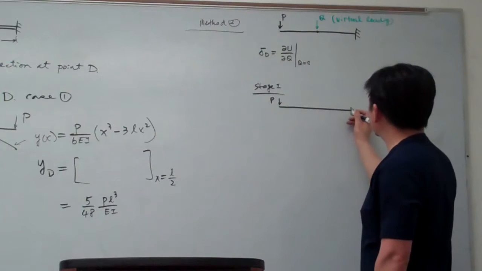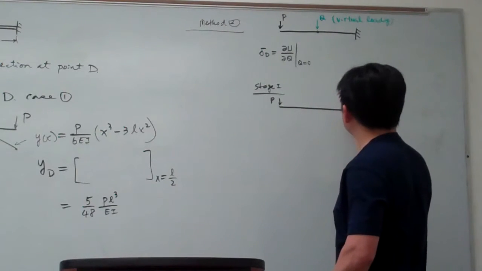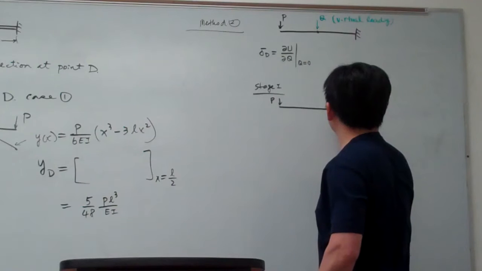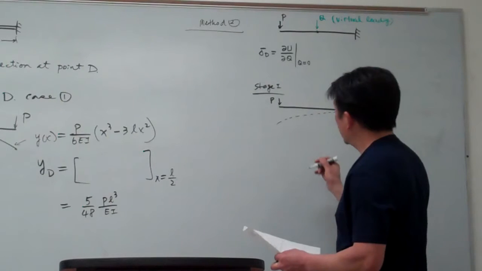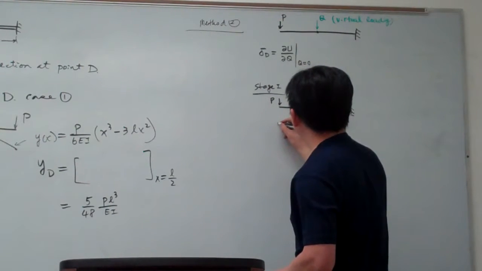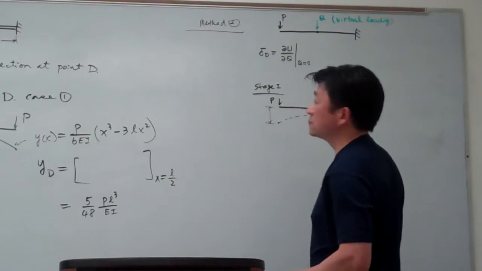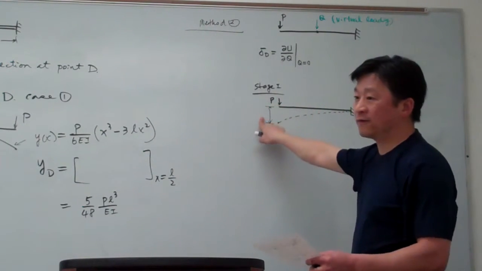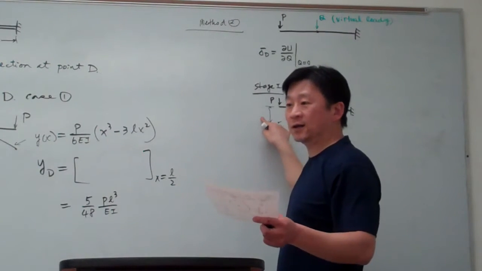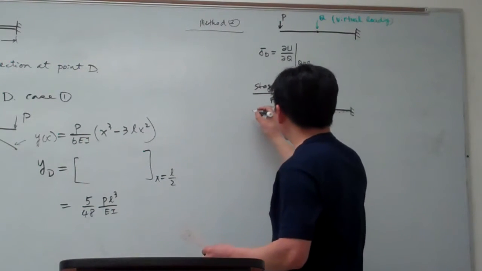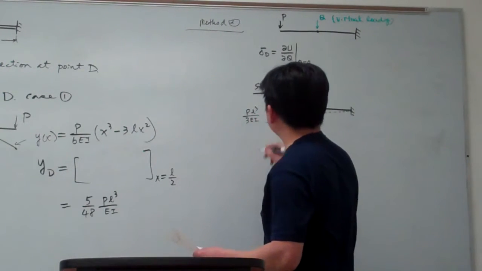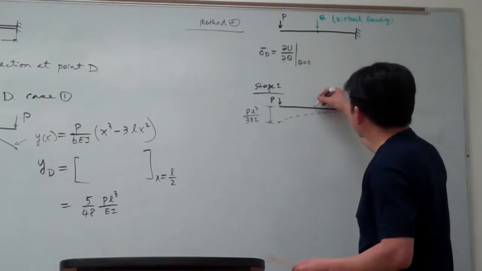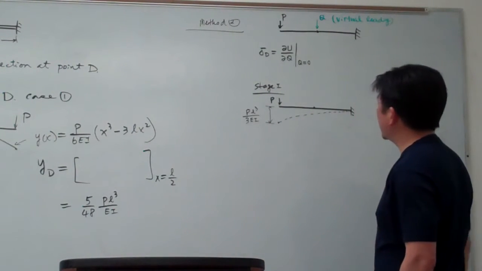We apply the P slowly, so that is the deflection. In stage 1, this deflection value can be checked using the appendix I gave to you. It should be equal to PL cubed over 3EI. And this is the point D. We keep in mind that's where we're interested.